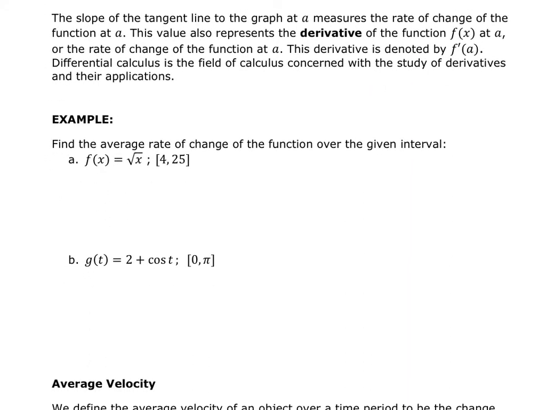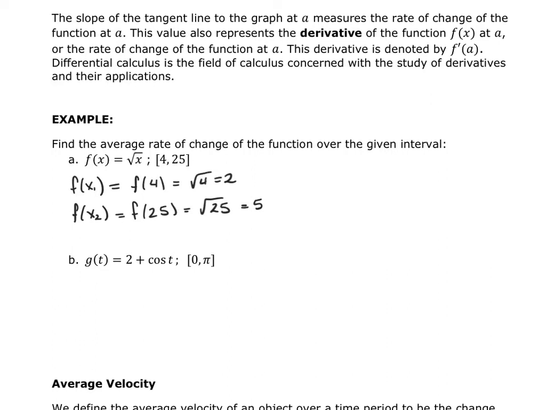So if we're asked to find the average rate of change over the given interval, the first thing you're going to do is find f of x sub 1, which is f of 4, the square root of 4, which is 2. We're also going to find f of x sub 2, which is f of 25, the square root of 25, which is 5.